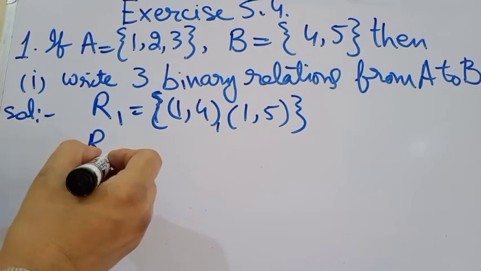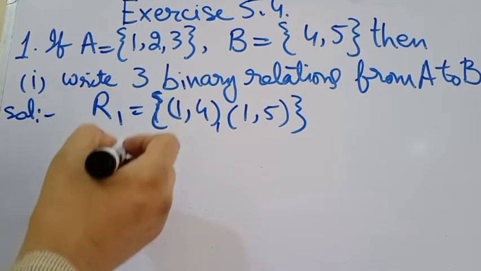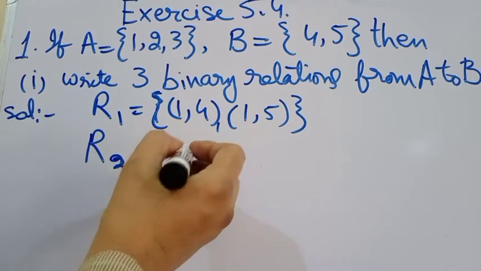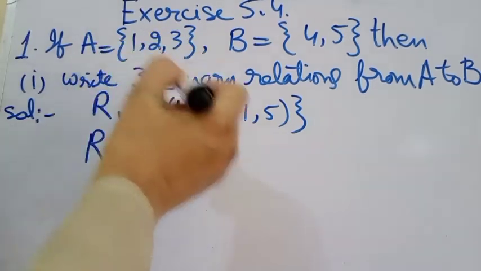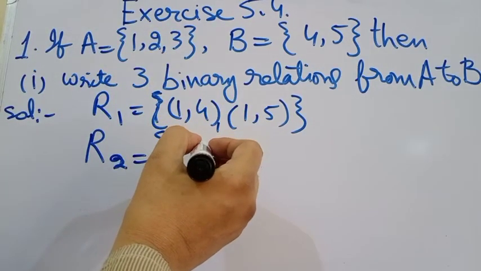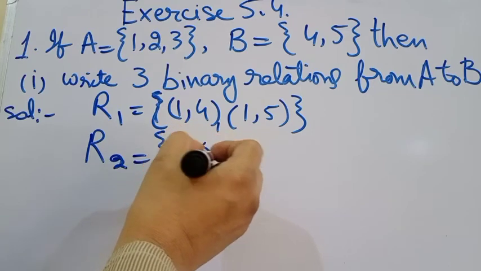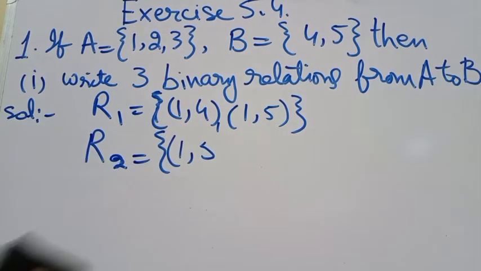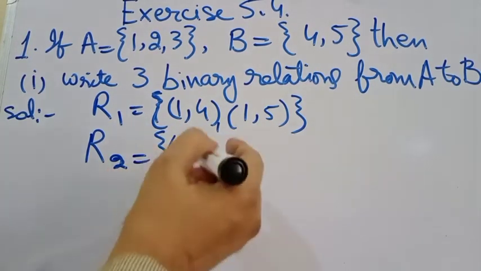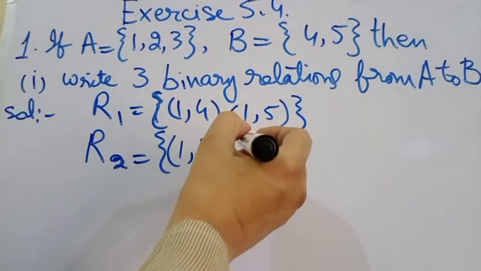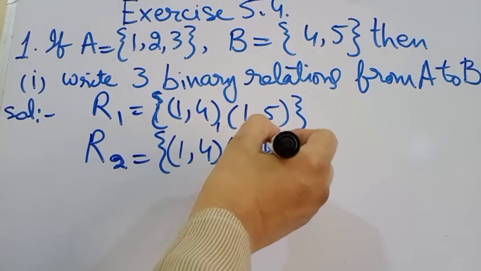We have to find three binary relations, so our second relation is (1, 4). We can write here as (1, 4) and (2, 4).